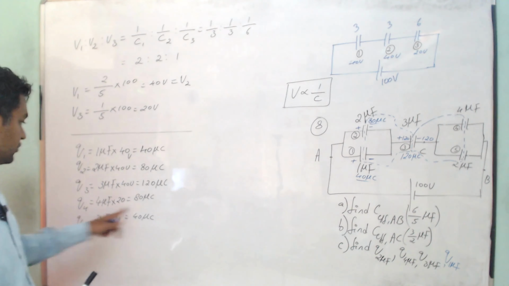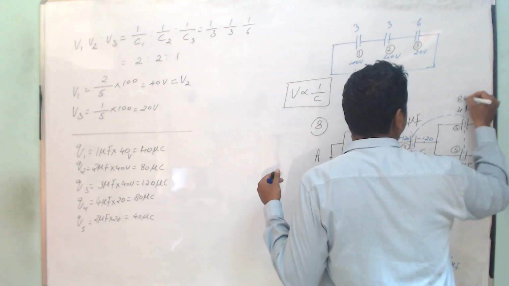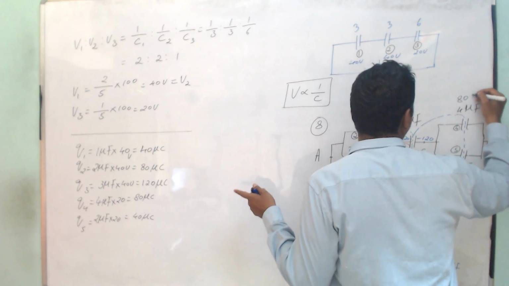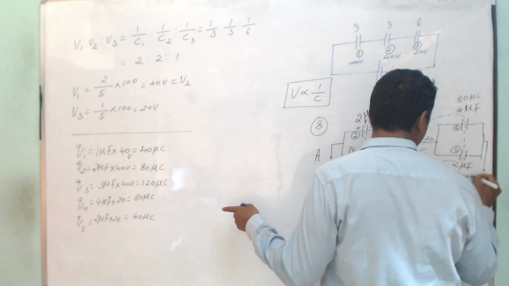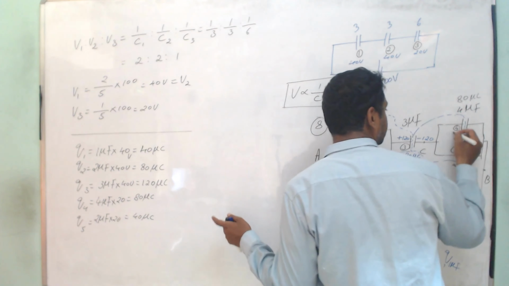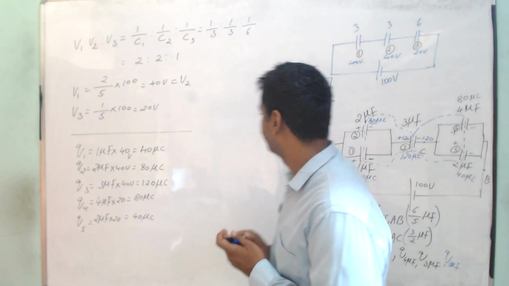Let me write it. Q4 is 80 microcoulomb and Q5 is 40 microcoulomb. This is plus, this is plus. That fellow is minus, that fellow is minus.